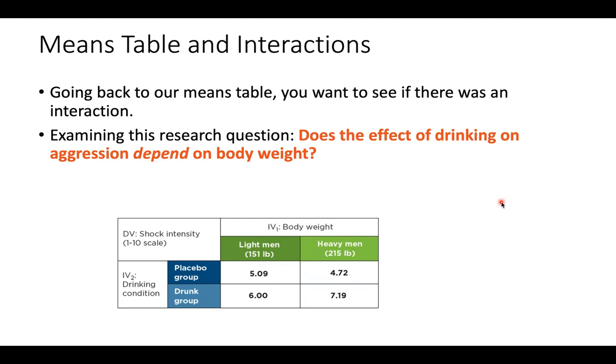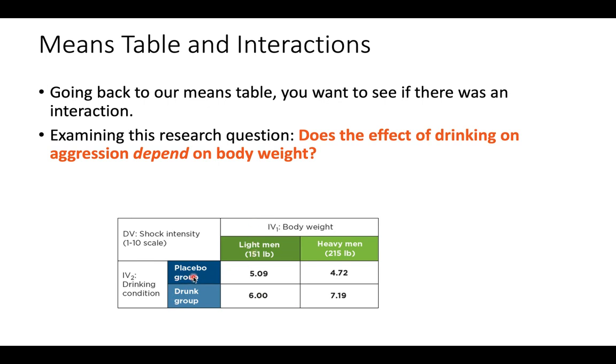So now that we've looked at how to eyeball our main effects, we want to look at our interaction. Remember, the interaction is this third emergent effect, which is essentially, does the effect of drinking on aggression depend upon body weight?